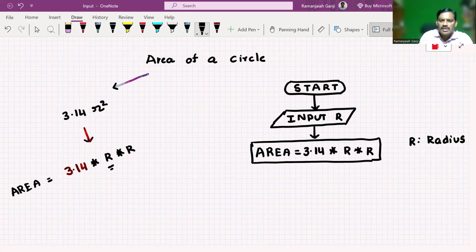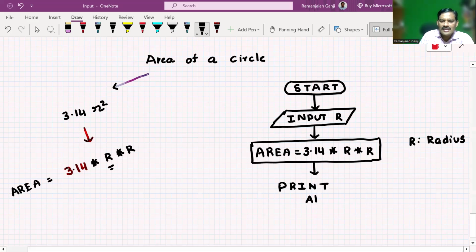If you want to calculate, area is equal to 3.14 into R into R. Is it okay? Right. What is the next to execute? We have to print the output. Print what? Area.